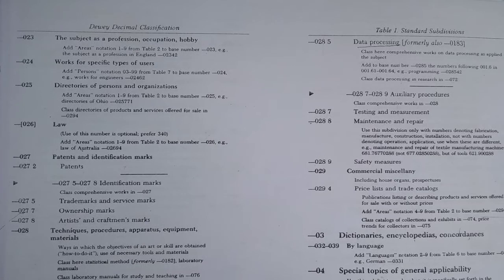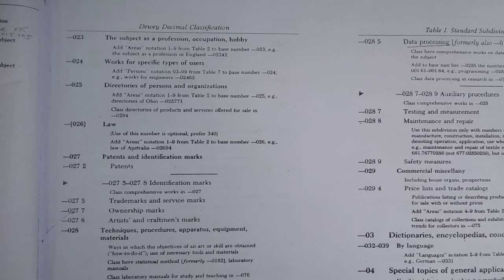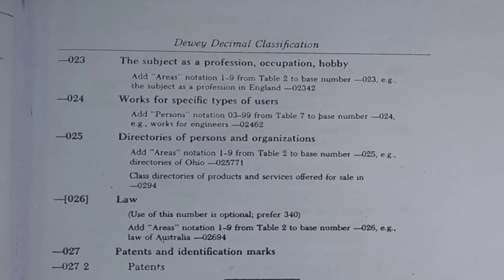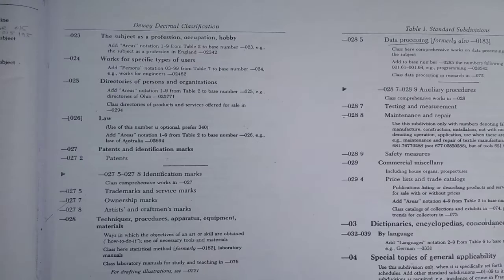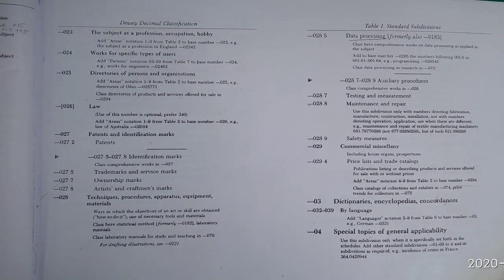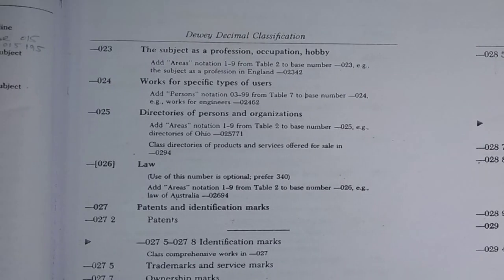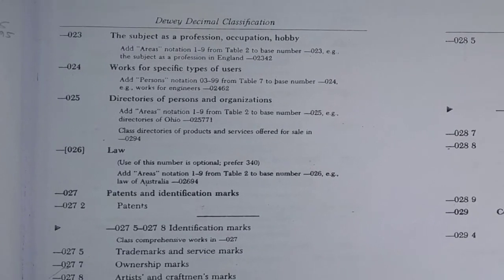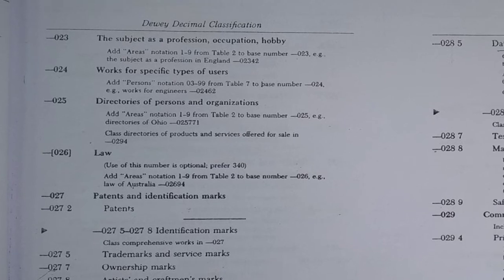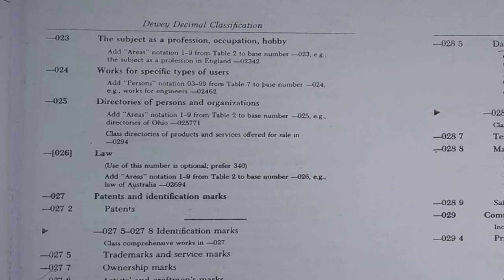From here it does not start; before this notation there is already some notation. So in this page it starts with -02, but in Table 1 you can find that the notation starts from -01 and ends with -09. Okay.